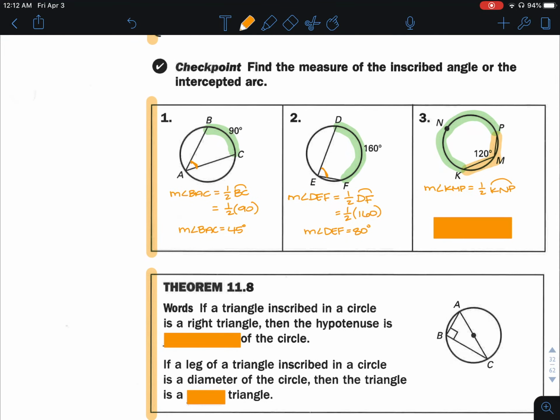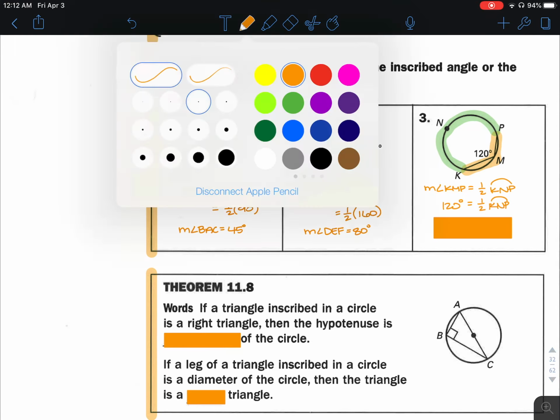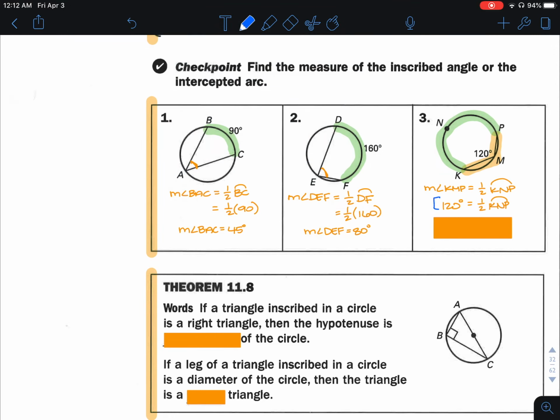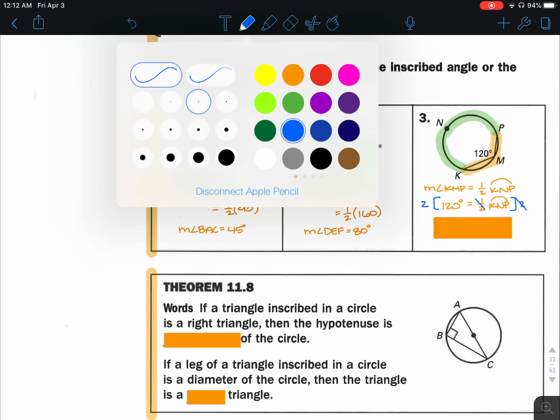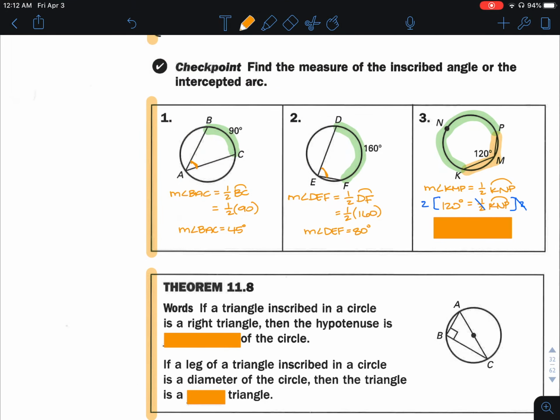I know the measure of my angle, which is 120, equals 1/2 of KNP. How do I get rid of that 1/2? Multiply both sides by 2, or the reciprocal of the fraction. When I multiply 120 by 2, I should get 240 as the measure of my arc.